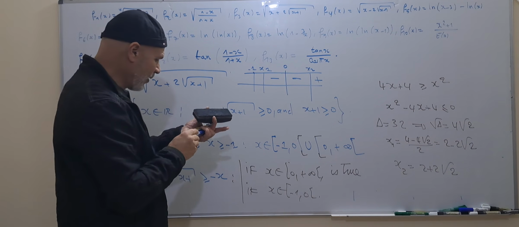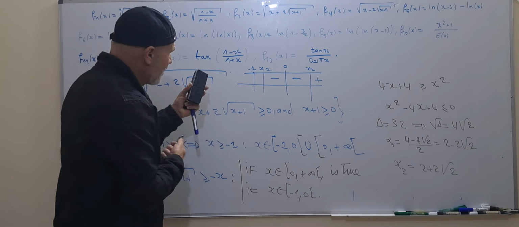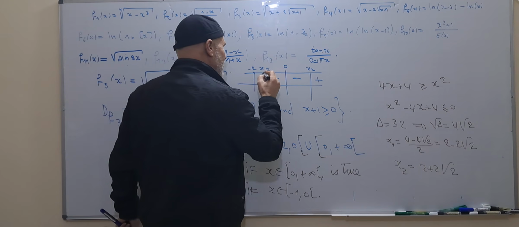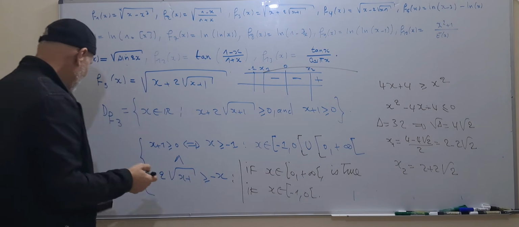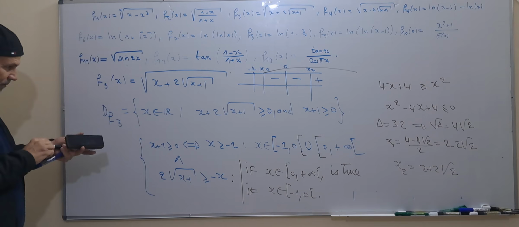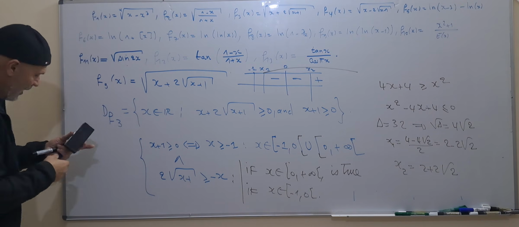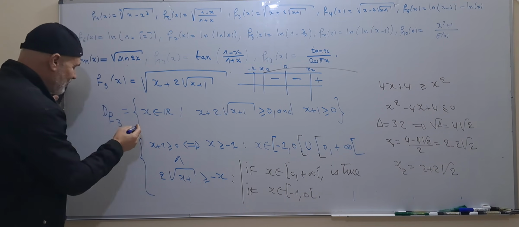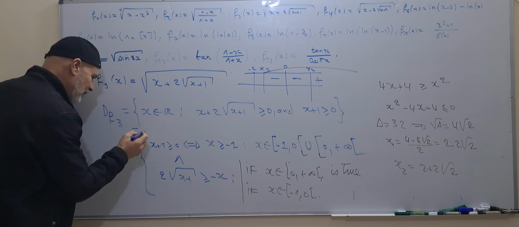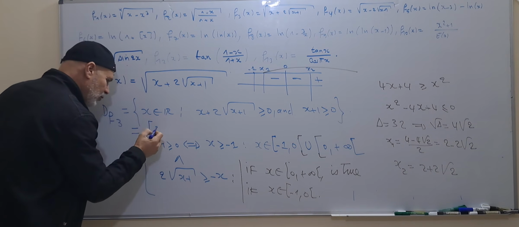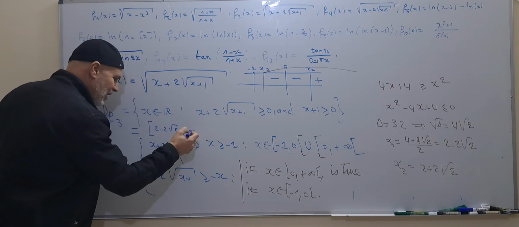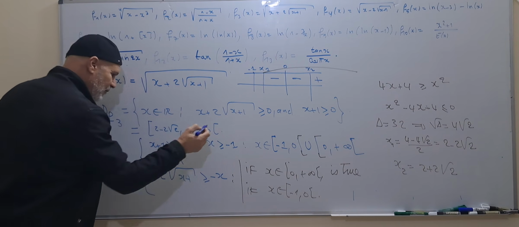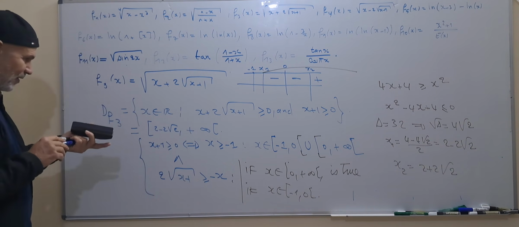So the domain of definition is from x1 up to plus infinity. Then we can write here the domain of definition is equal to 2 minus 2 square root of 2, plus infinity. This is the domain of definition.